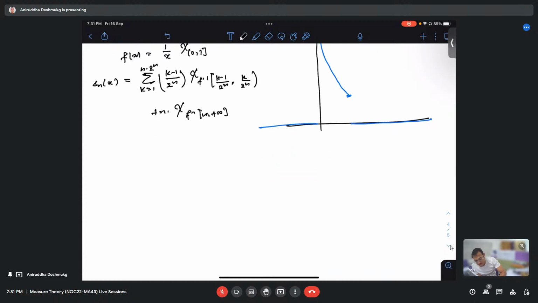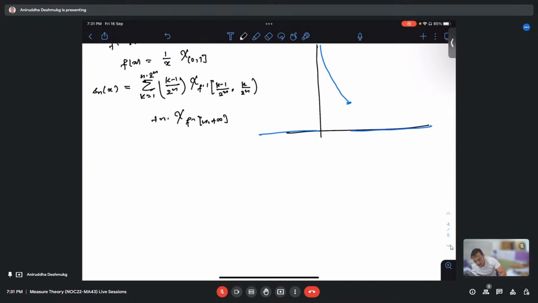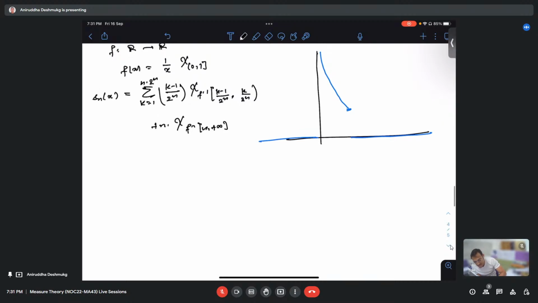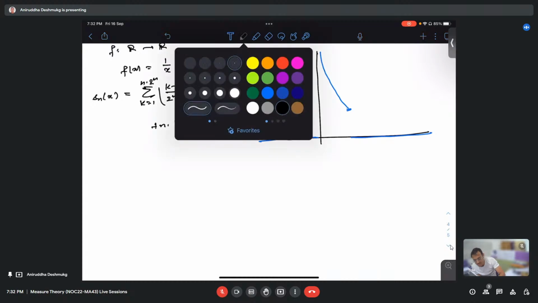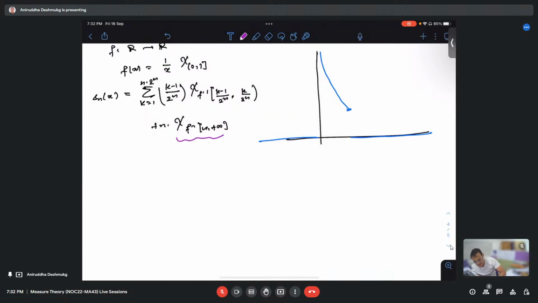Right. So now let us look at what these pre-images are. As before, we cannot say that f inverse of n to plus infinity is empty, because actually this is unbounded near 0. So these will always contribute in the integral.